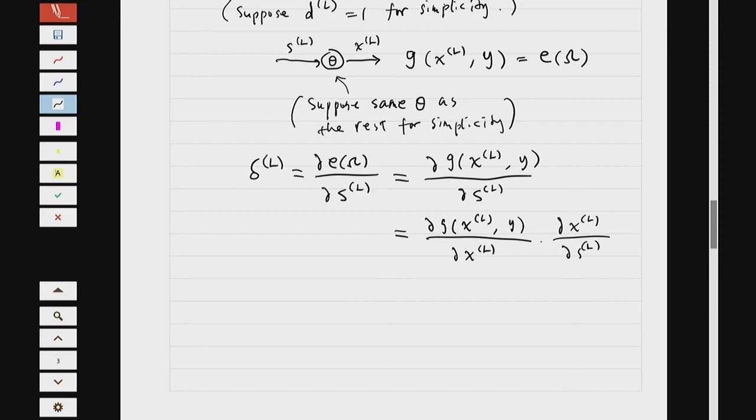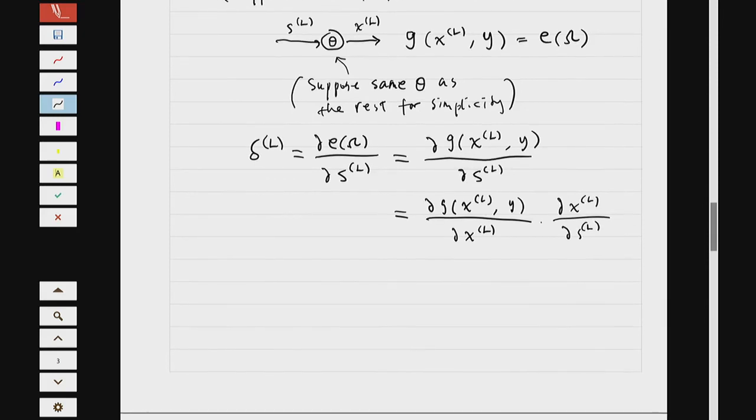So far, so good? Everyone is okay? And then this one, well, whatever it is, depends on what G is. Is it a square loss function? Is it a log loss? It depends, so it doesn't matter. And what is the second one? How do we know what this is?